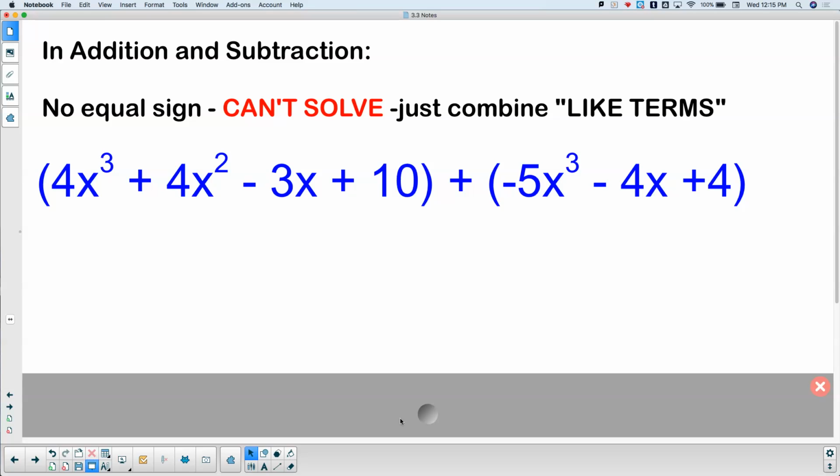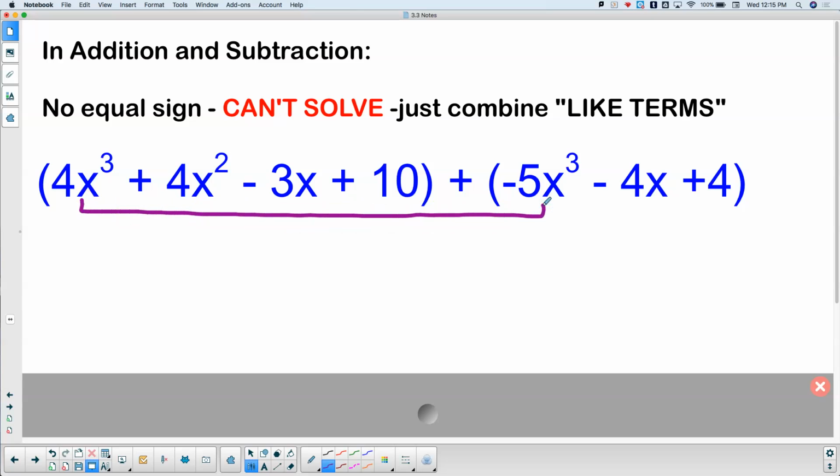Looking at this one, I can ignore the parentheses, and I can say that these two right here are both x cubed terms. So 4x cubed plus negative 5x cubed is negative x cubed.